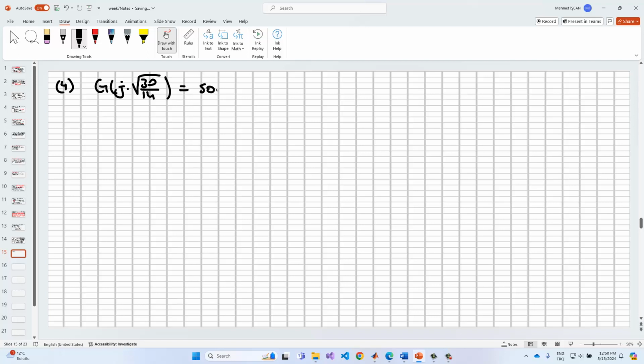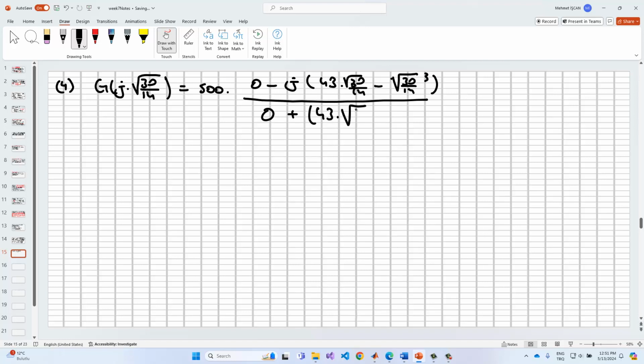So 500 times 0 minus j times (43 times that ω minus ω³), and the square of that gives a result of minus 836.